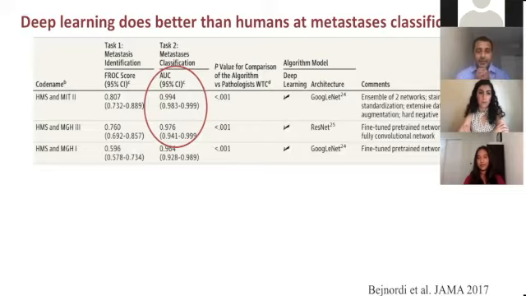And slowly, people started noticing a couple of things. One, that deep learning does better than humans. Here's an example, a study where models were asked to diagnose breast cancer from images. The top three models had what is called an AUC of 0.994. Now, AUC is a term that I'm just going to throw out there. Basically, one means you're predicting everything perfectly.